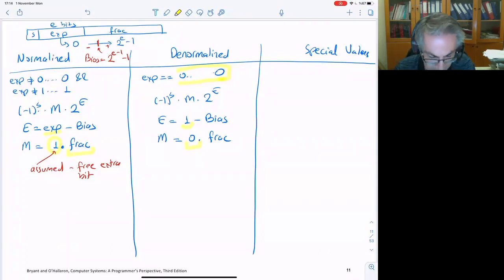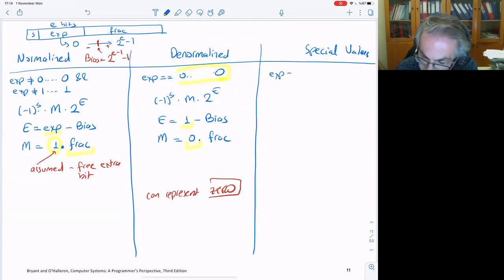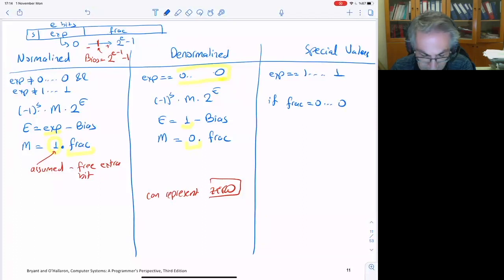Okay, so now let's go to the third part, which is the special values. In the special values, this is the case when my exponent bits are all ones. In this case, if my frag bits are all zeros, then it represents plus or minus infinity.